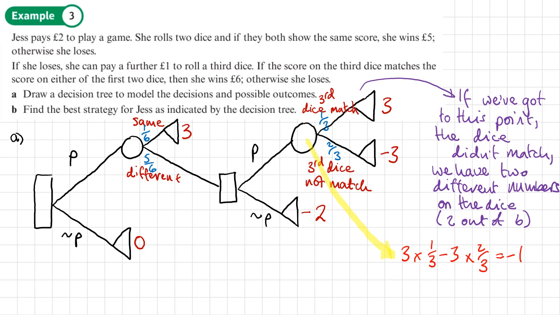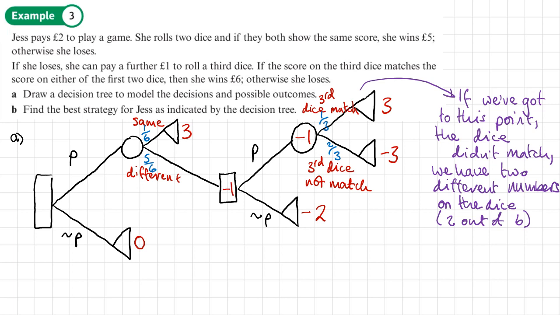So I'll put my expected monetary value here of -1. So now I want to work out this EMV here, so I need a value in this decision box, and that comes from the EMV of playing here, and so that's going to be -1. So you're always almost working backwards, so that -1 will go into my decision box.